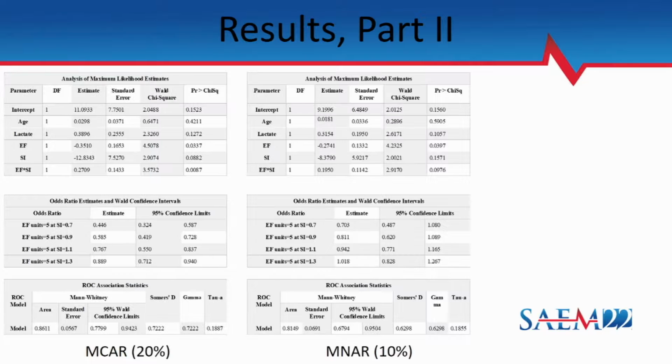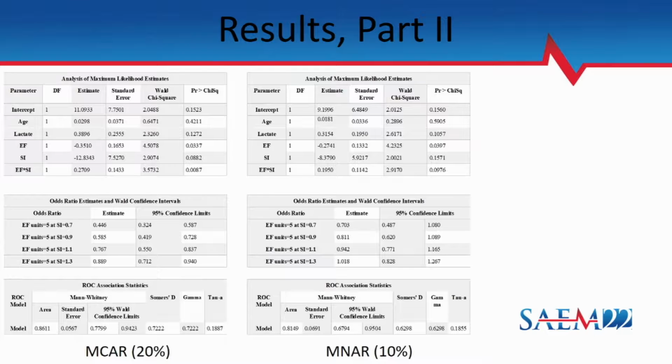So this is a data set I generated, missing not at random, with only 10% of the data this time. I went in and found the 10% of pairs with the greatest lactate and heart rate, so high lactate, high heart rate, and I deleted those. What you can see is that now this term of interest is not significant anymore.